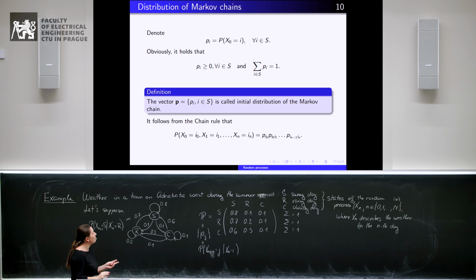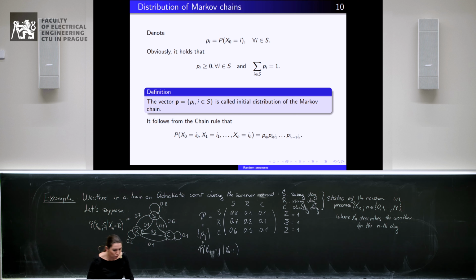Okay, and now the practical usage of this matrix. Because we suppose that the probability of the future state depends only on the present state and not on the previous evolution, we can apply the chain rule from the probability theory to these processes, but it will be much simpler.